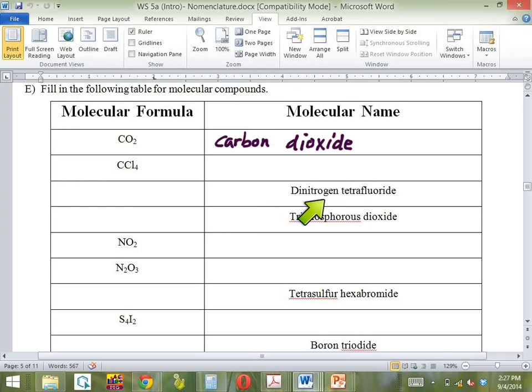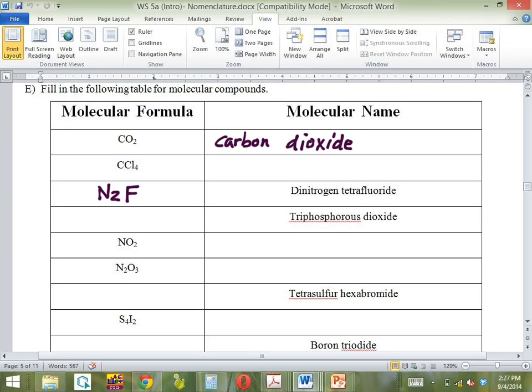This one, dinitrogen tetrafluoride. There's nitrogen and fluorine, and the prefixes tell us how many. Di means 2, so 2 nitrogens. It's going to be N2. Tetrafluoride. Fluoride is F. It's not FL.